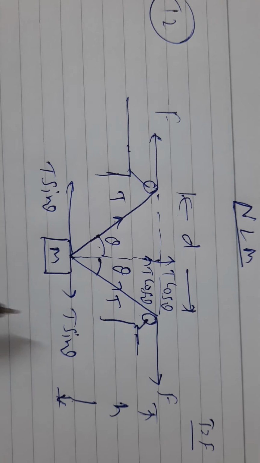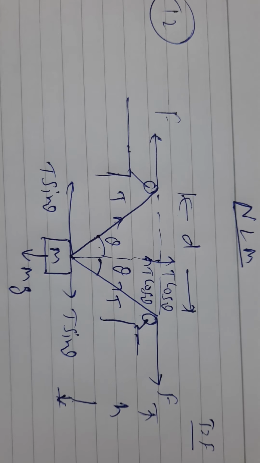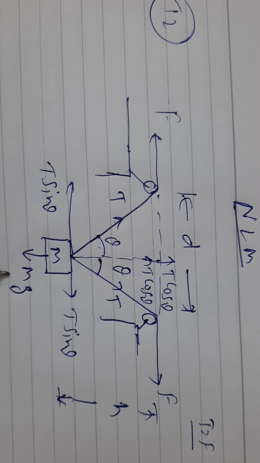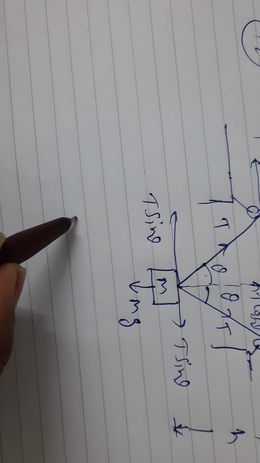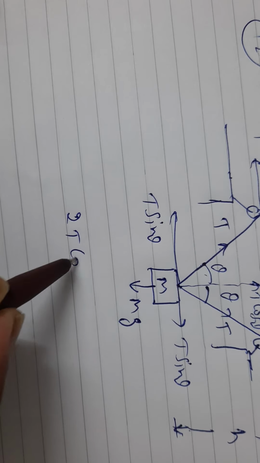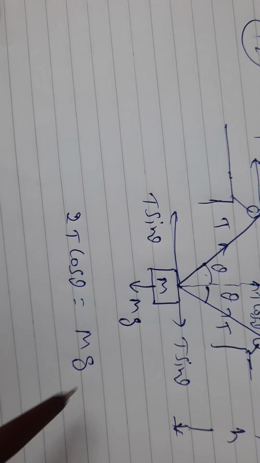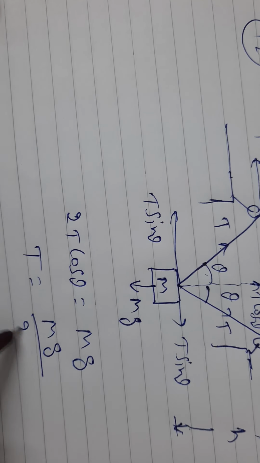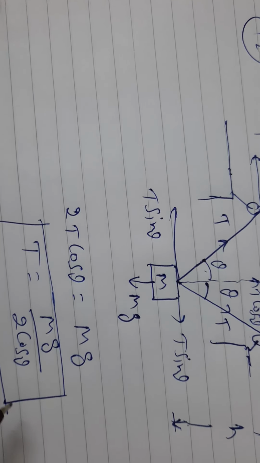Now the T sin theta components cancel out each other. This mg is downwards. Now T cos theta plus T cos theta will balance mg. I should write here 2T cos theta is equal to mg, then T is equal to mg by 2 cos theta. Now T is equal to F, as I have told.